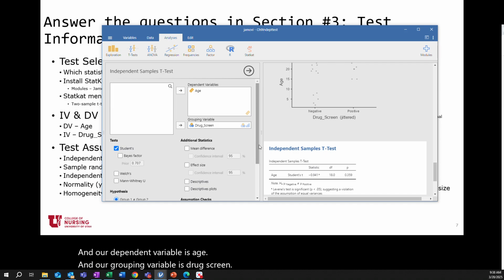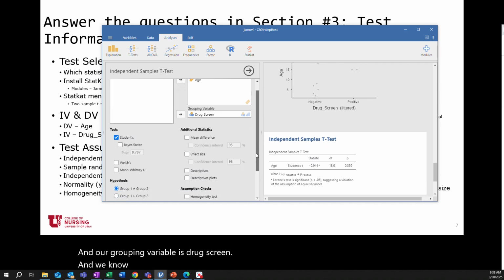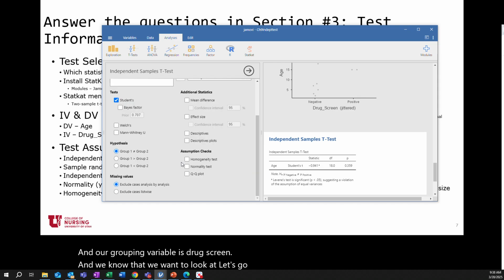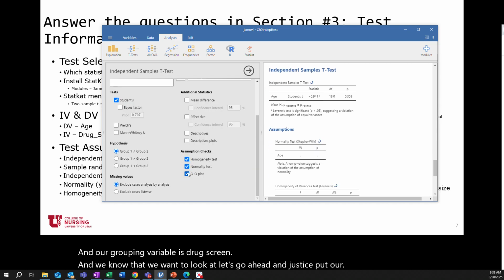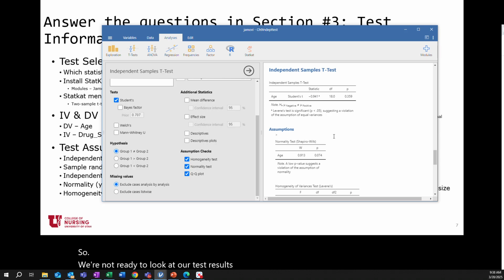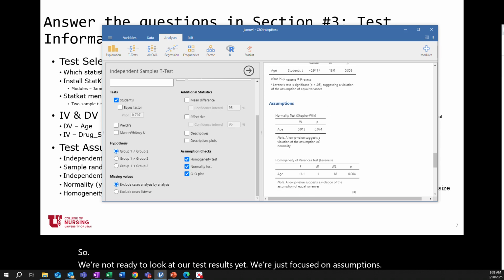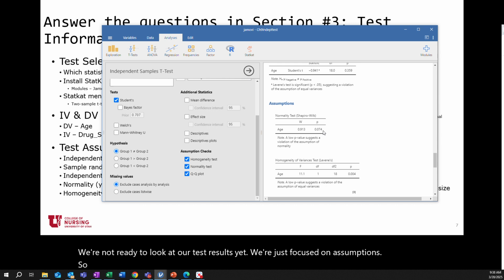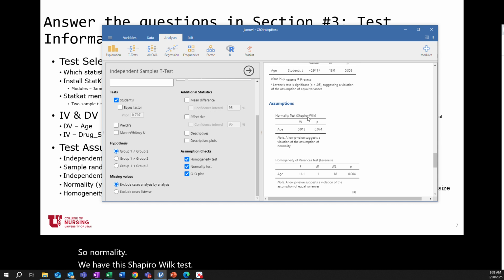And we know that we want to look at, let's go ahead and just put our assumption checks there. So we're not ready to look at our test results yet. We're just focused on assumptions. So normality, we have this Shapiro-Wilk test, and Jamovi gives us that.